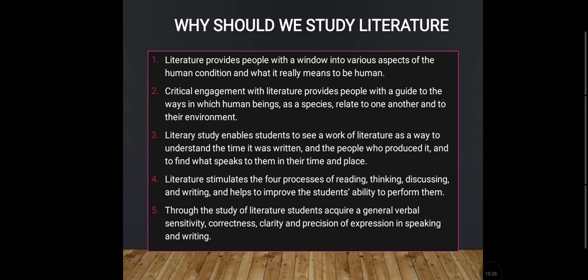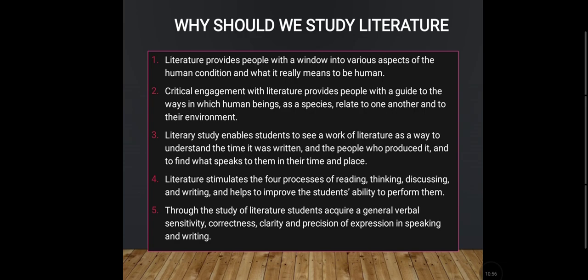So basically, we say studying literature is good, as it helps us to know the actual human life. How should we be engaged in society? How should we cooperate with one another? And again, it helps us to understand the time and the aspects of the ancients.